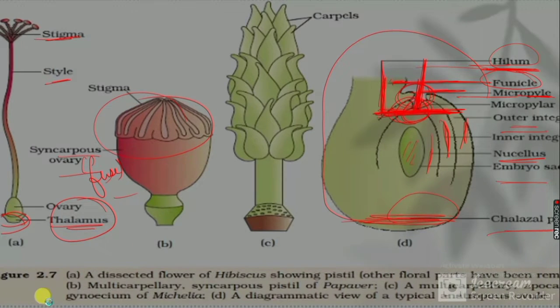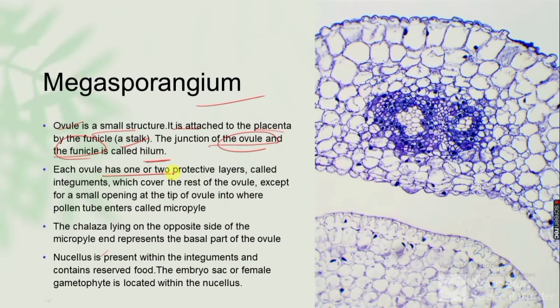Each ovule has one or two protective layers called integuments, outer integument and inner integument, that cover the ovule except for a small opening known as the micropyle. The chalaza lies opposite the micropyle and represents the basal part of the ovule.